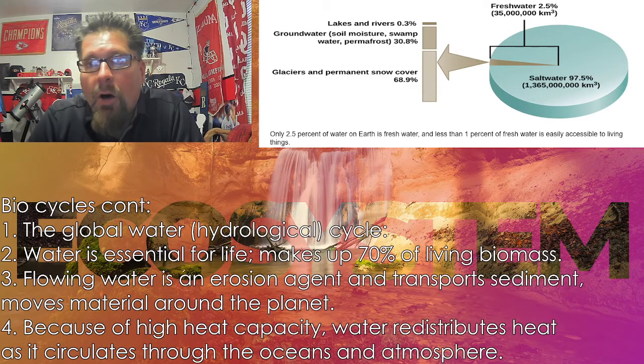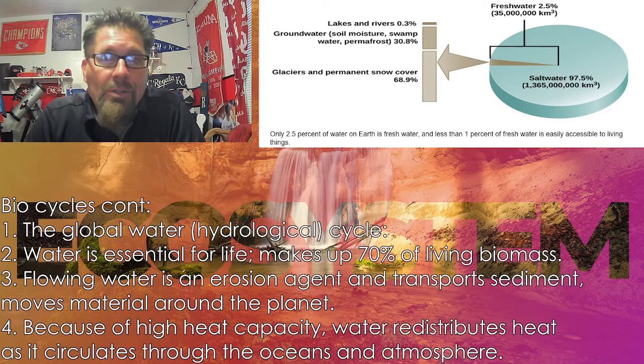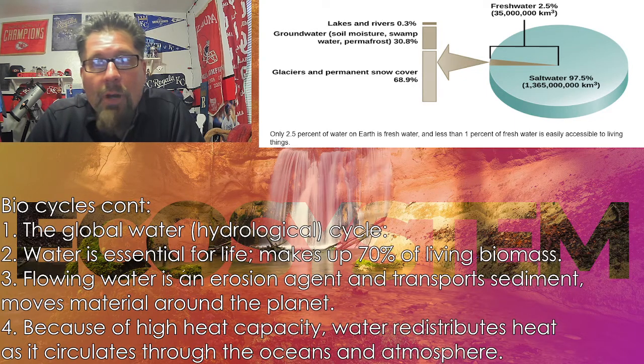But of all that water, only 2.5% of it is actually usable by us as fresh water, and less than 1% of that is actually accessible. You think of snow and ice at the top of a mountain, groundwater which we can't get to, whatever it may be, so a very small amount.